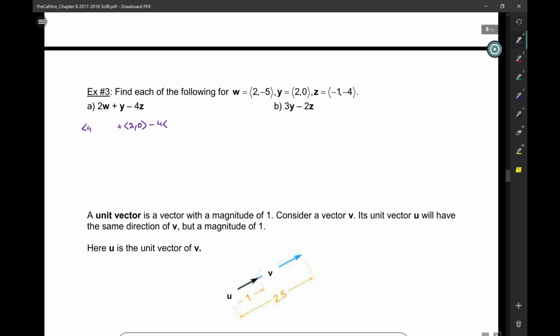So it's 4 and negative 10. And then it's minus 4 times z, negative 4, negative 16, right? So now if I add all these up, it'll be 4 plus 2 minus 4.